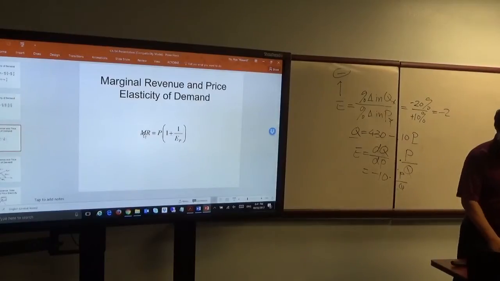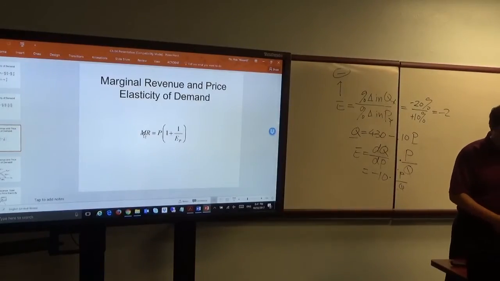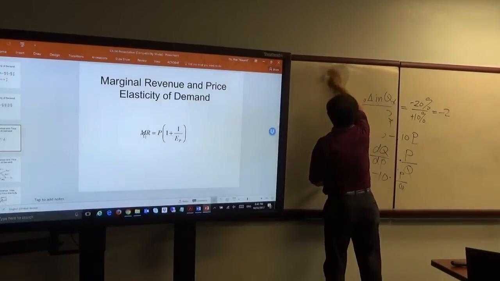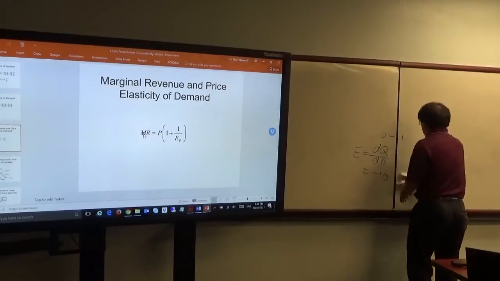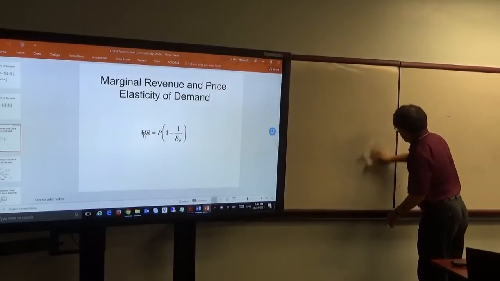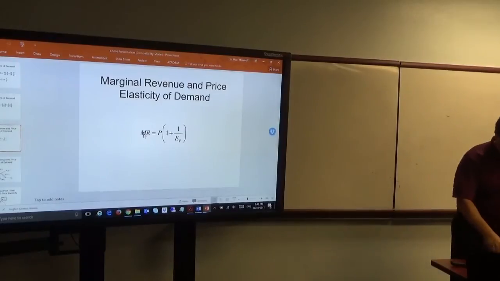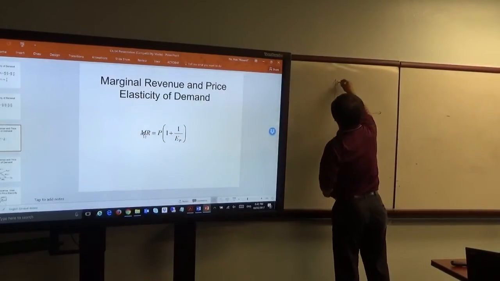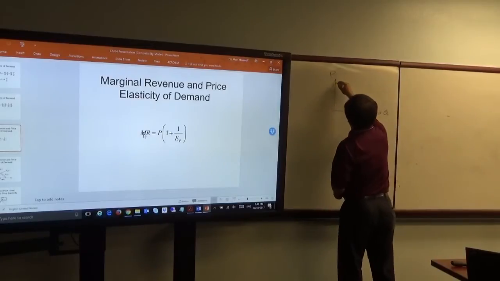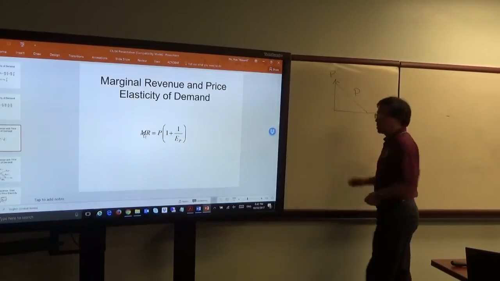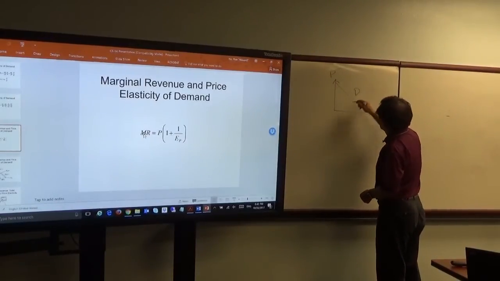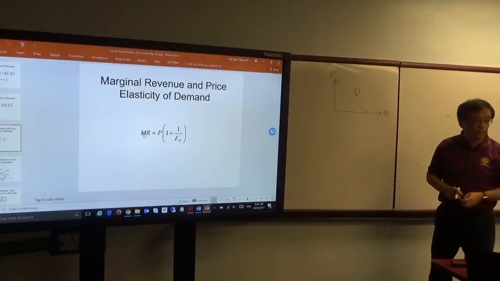So now the relationship between the marginal revenue and the price. Do you still remember how to draw this? If this is the price and the quantity, and this is the demand curve, where's the marginal revenue curve?